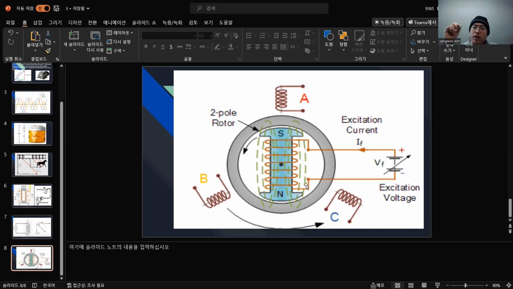The prime mover needs to move, the rotor needs to rotate, so it needs some power.